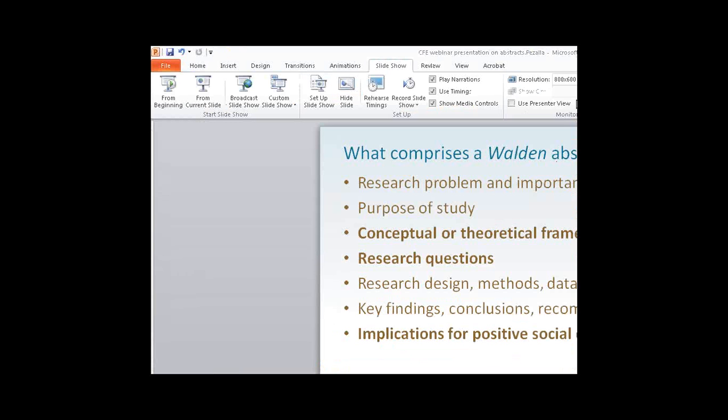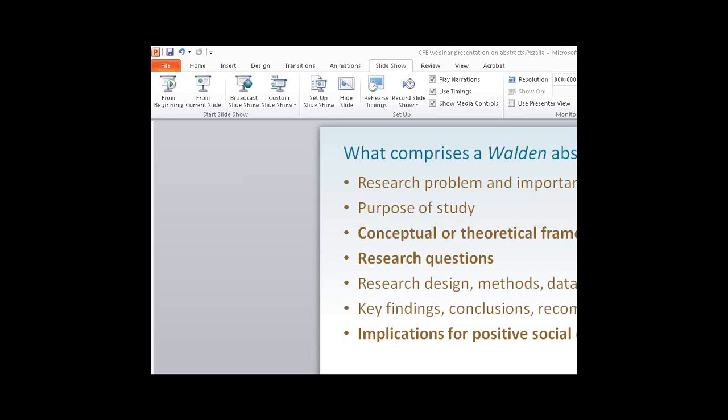Feel free to type this in to your chat or the questions, and I'll give you just a second. If this is stumping everybody, then I'll just go on. But this is a little trick question. Hints. How should it be presented? With what kind of punctuation?